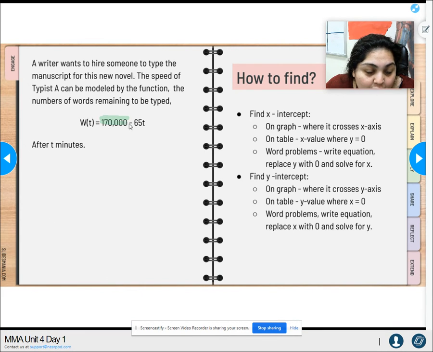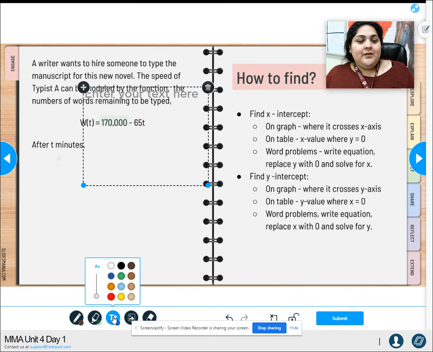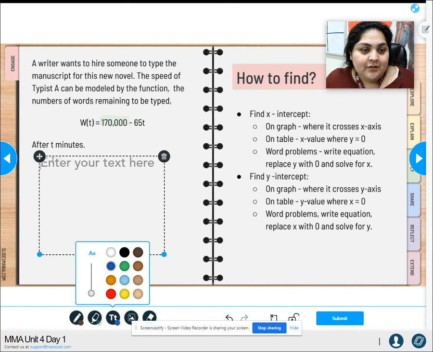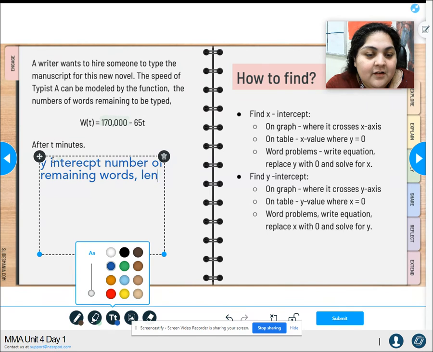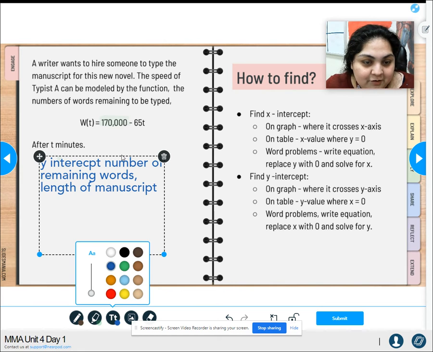So this is how many words the manuscript is. So y-intercept, number of remaining words, length of manuscript. So we know that that's the highlighted green.